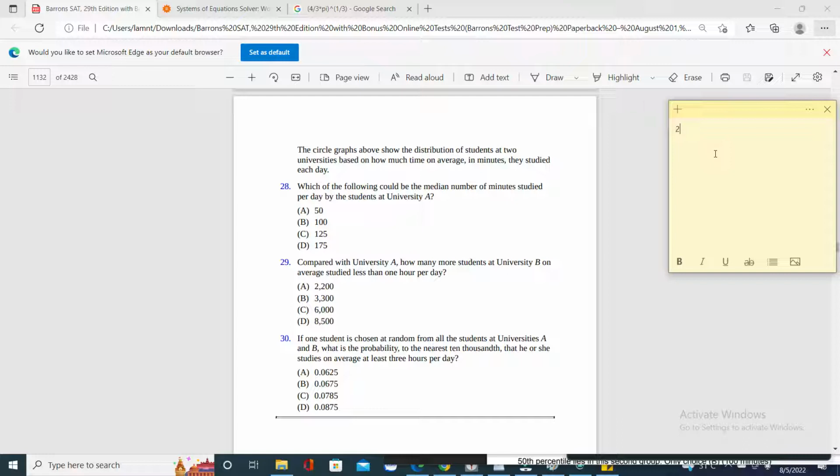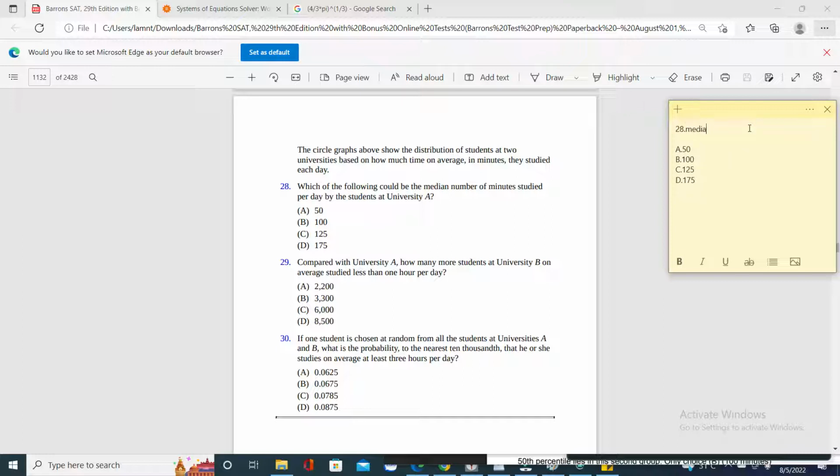For number 28, A is 50, B is 100, C is 125, and D is 175. So which of these is going to be the median?